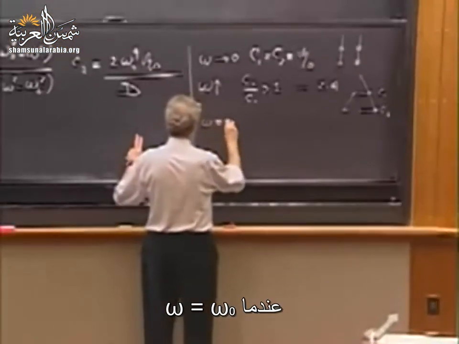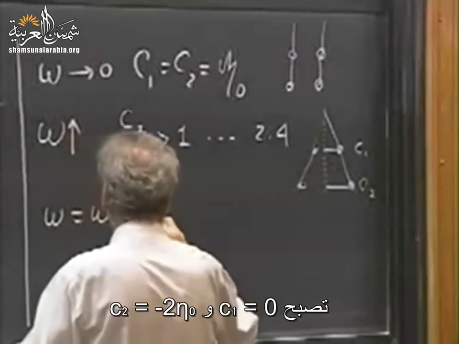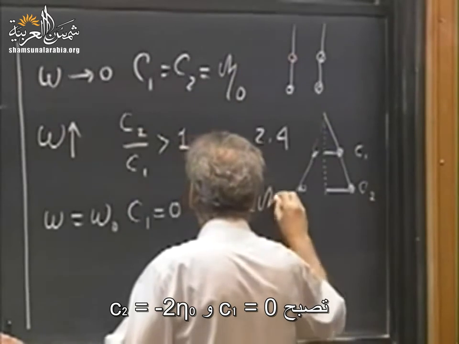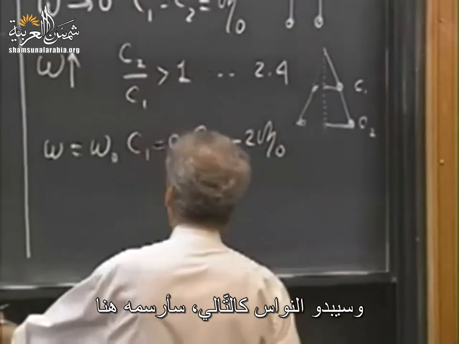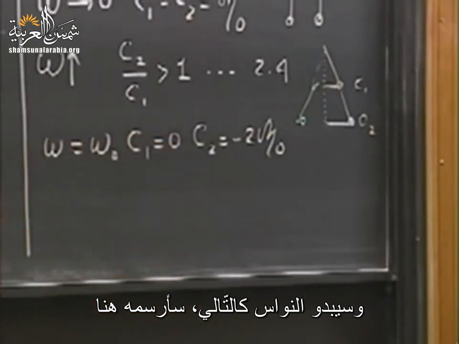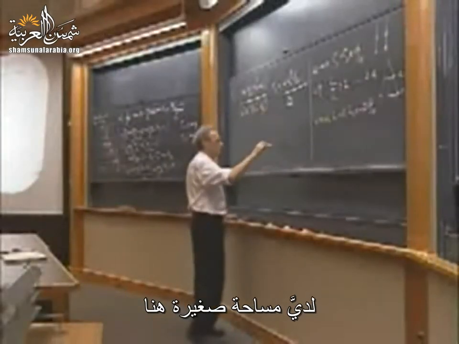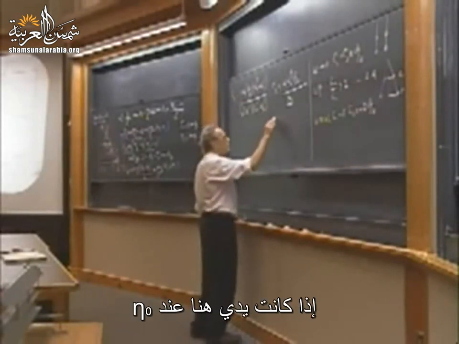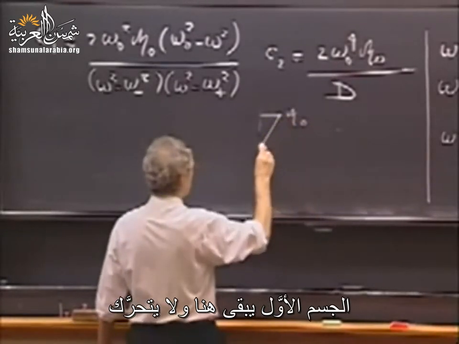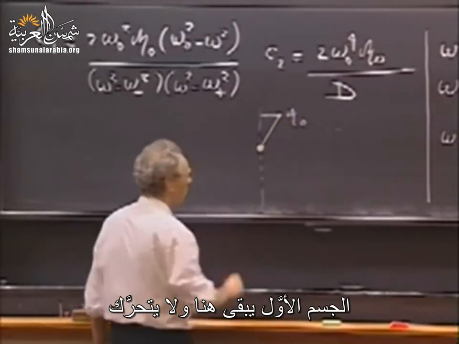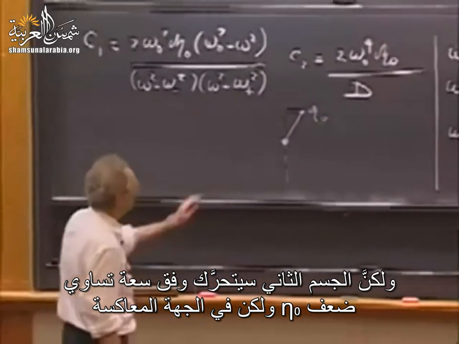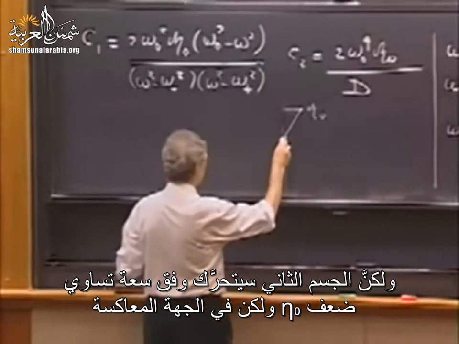So when omega is omega 0, C1 becomes 0, C2 becomes -2 eta 0, and so this pendulum is going to look then as follows. I'll make a drawing here, I have a little bit more space. So if my hand is here at eta 0, then number 1 will stand still, won't do anything, but number 2 will have an amplitude which is twice eta 0, but it's on the other side.